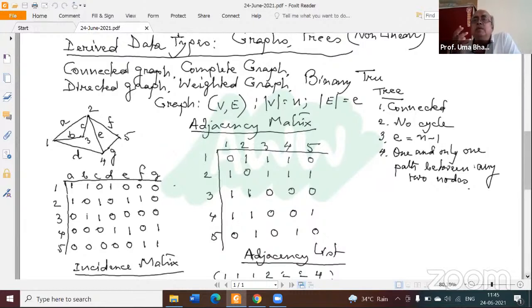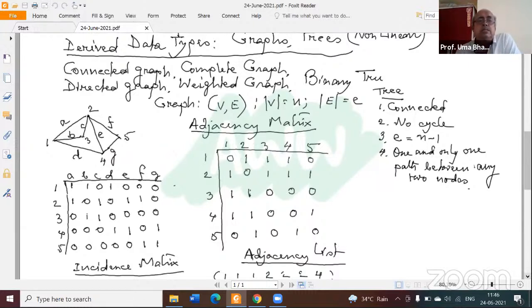So if we have some crunch in storage space, we do not have to store the entire matrix. We can store only 50%. Make a cut along the diagonal and take the upper diagonal or lower diagonal. But only if it does not have any self loop, no parallel edge, and is undirected. That is very important.